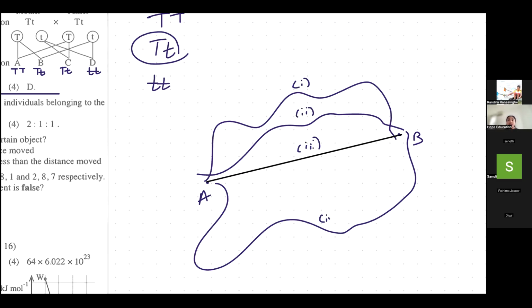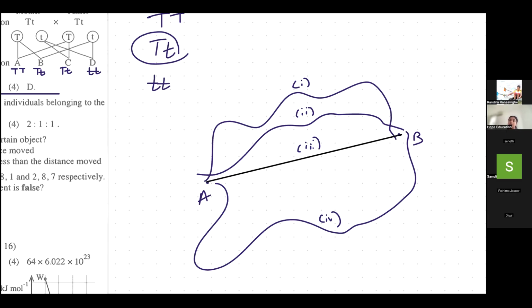Out of these 4 parts, which parts can we consider as distance? Quickly tell. Roman number 1, 2, 3, 4, all of them.